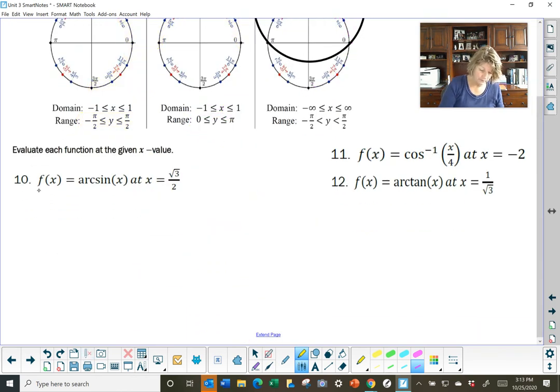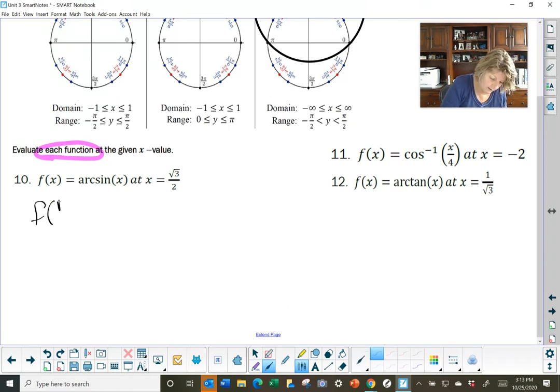So it says f of x is equal to arc sine of x at x equals root 3 over 2. Evaluate the function at the given x value. Let's look at f of root 3 over 2 equals arc sine of root 3 over 2.